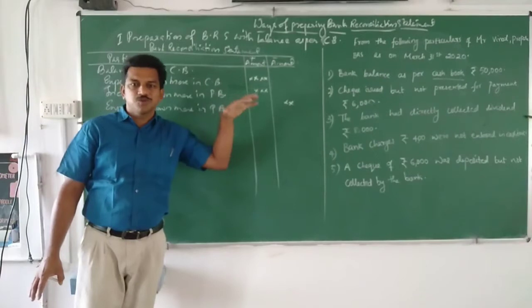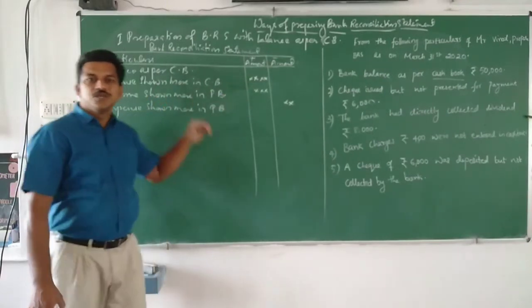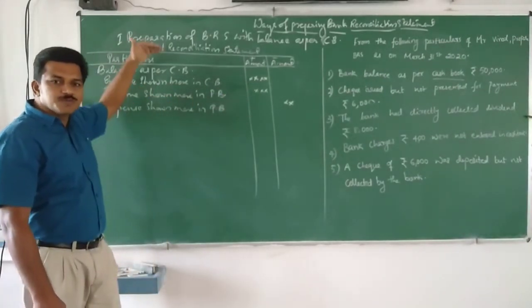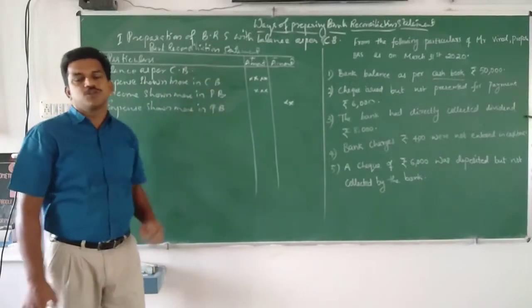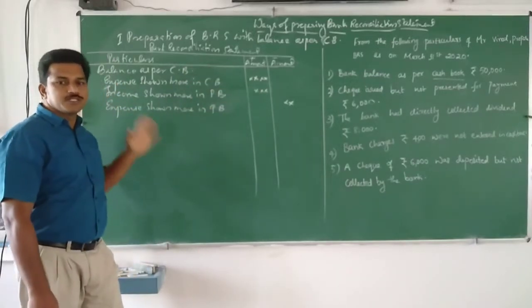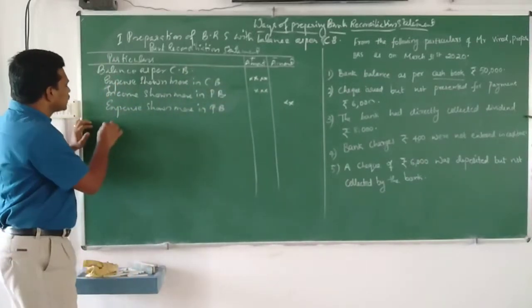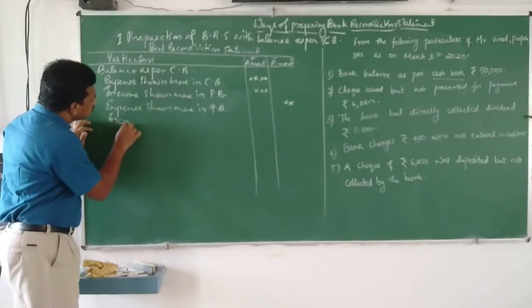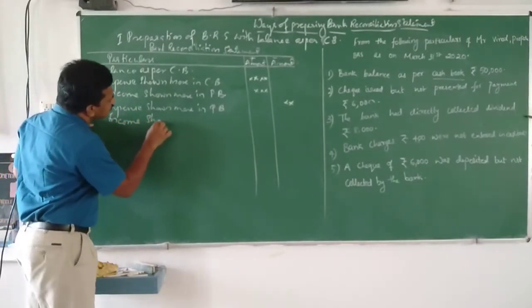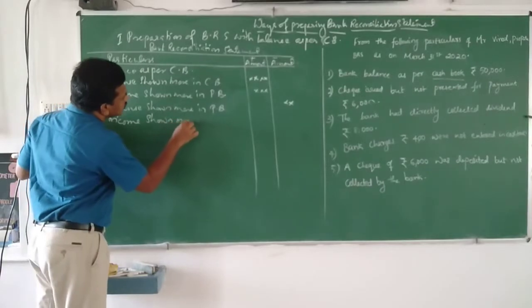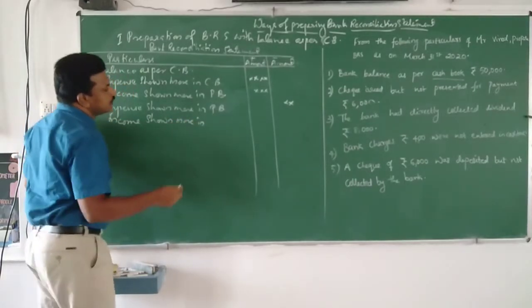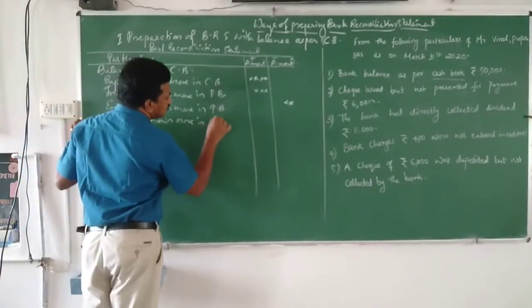So their passbook balance is less. So cash book balance is more, passbook balance is less. What to do? We have to deduct. What to deduct? Income shown more in cash book.